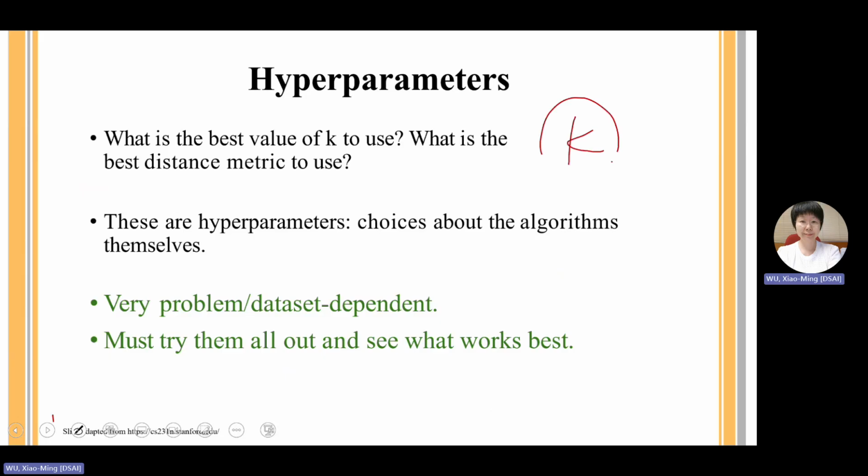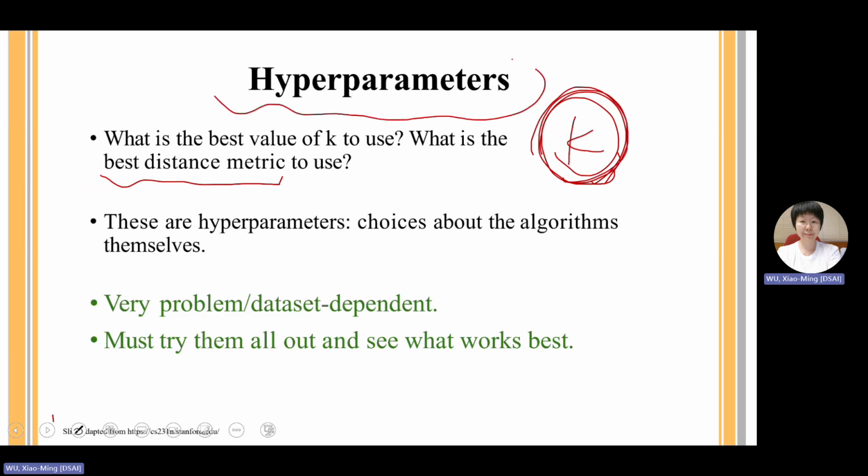Obviously k is one hyperparameter, and the other hyperparameter could be the distance function. How to choose k? In the following, we are going to introduce the fundamental evaluation pipeline for model training in machine learning, and how to choose the hyperparameters.